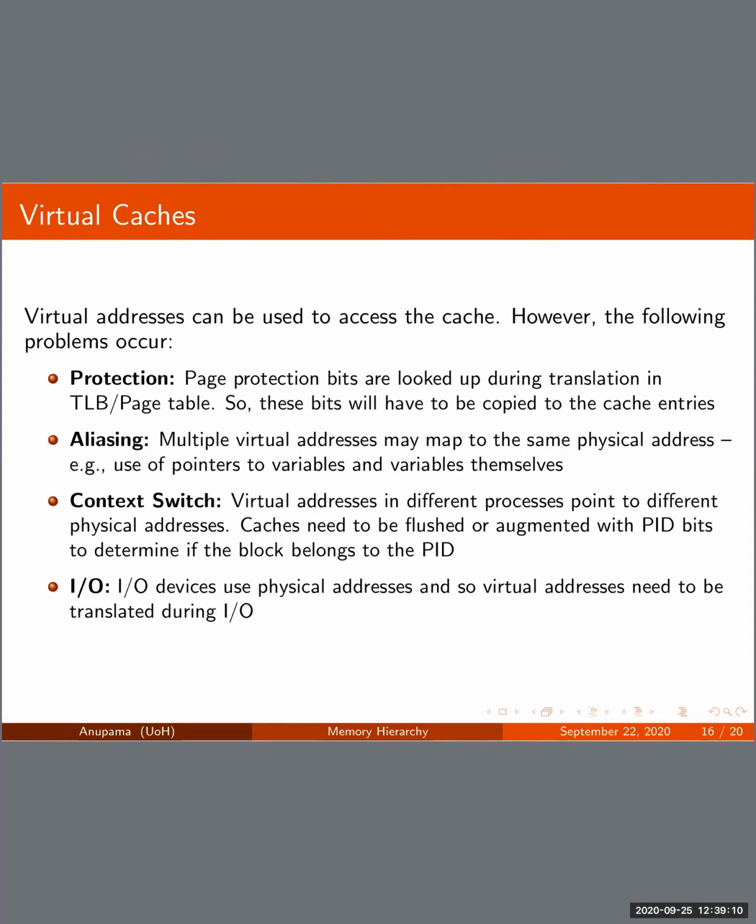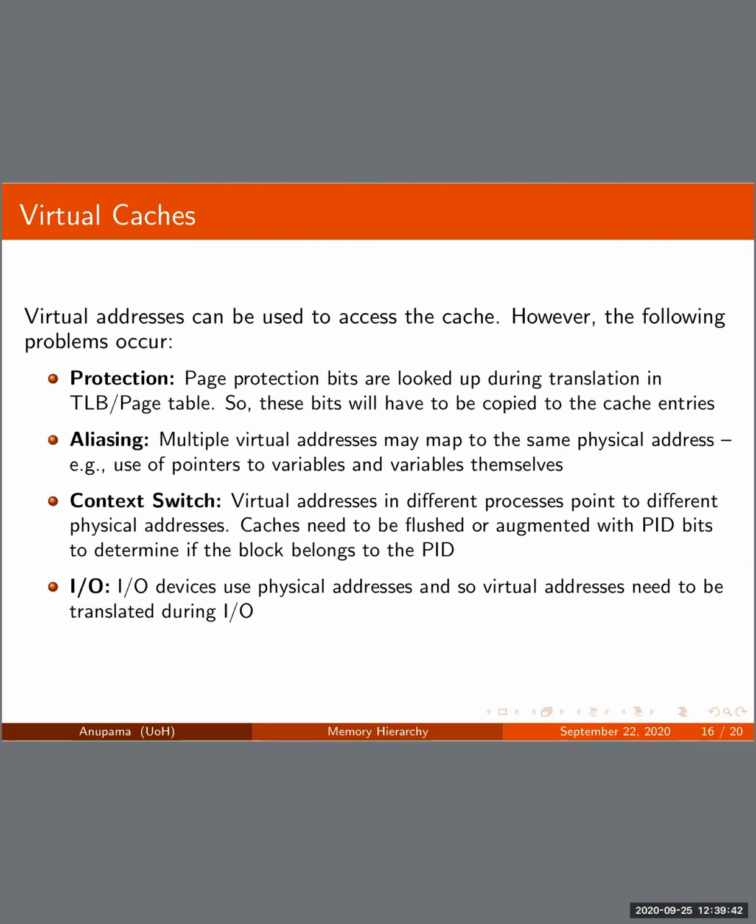Now, if you use the virtual addresses to index into the cache, these may be in two different locations in the cache. Okay, what will happen? If you update the value using one virtual address, the other virtual address will still have the old value. This will not happen with physical addressing because both these virtual addresses will map to the same physical address.